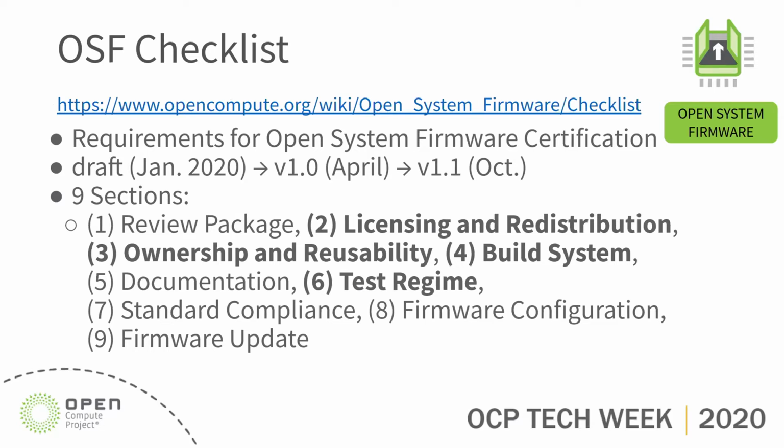It's been developed this year and recently finalized in October. There are 9 sections in this checklist. 4 of them I'll go over in detail today, most notably the licensing and redistribution, the ownership and reusability, the build system, and the test regime.